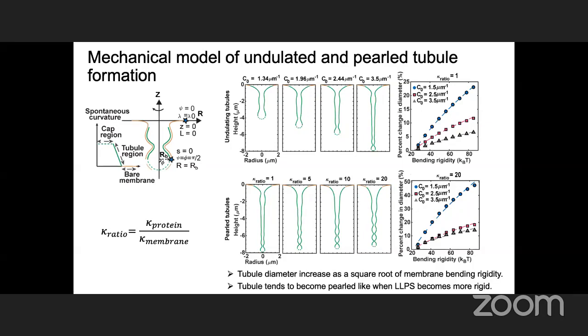From the simulation, we can see the tubule diameter increases as the square root of the membrane bending rigidity, and the tubule tends to become pearl-like when the LLPS layer becomes more rigid.